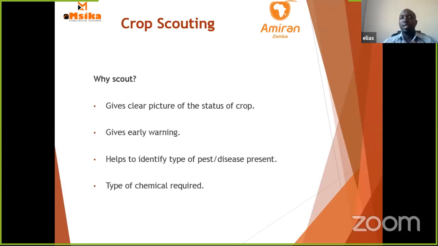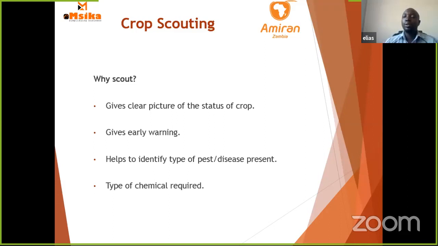So what do we check? We check on the pests. In this case, we check what insects are present in the field, what diseases are present in the field. Is there weed, or is it free from weeds? Then we also check on the water levels in terms of irrigation. Is the crop well irrigated?